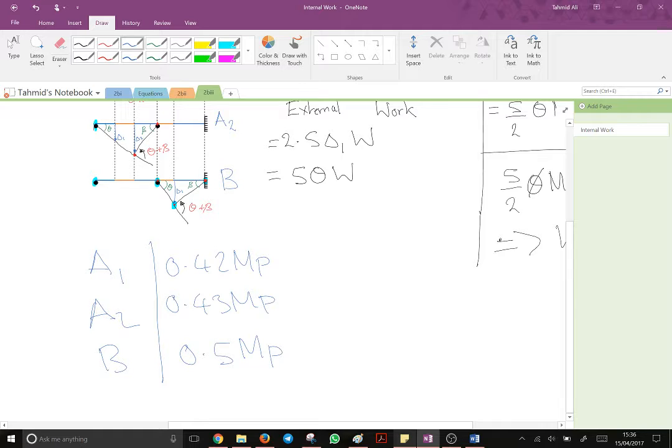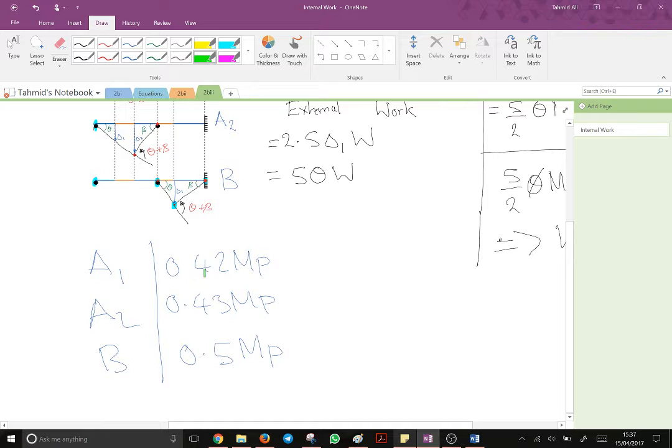Now obviously, which one has the lowest? It's obviously going to be this one that has the lowest because it's 0.42 MP. Since we know what MP is from part I, we can multiply the two together.